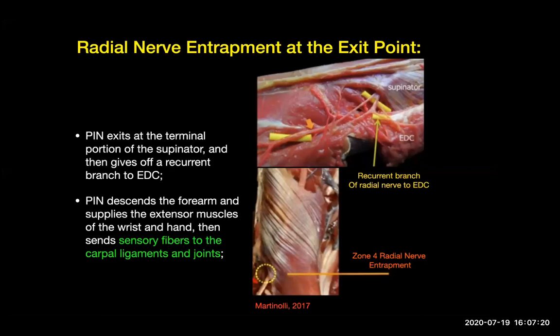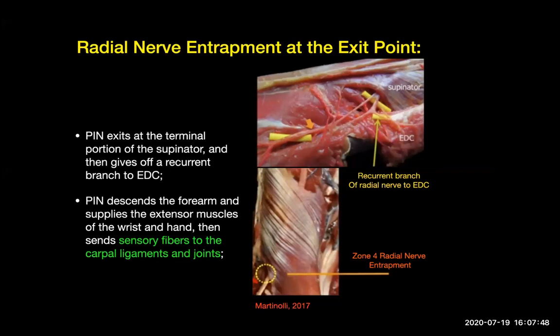So can you imagine, if there is any pain in the ligaments and joints at the dorsal area, it could actually be coming from the deep branch of the radial nerve. These fibers go all the way to the dorsal portion of the wrist.